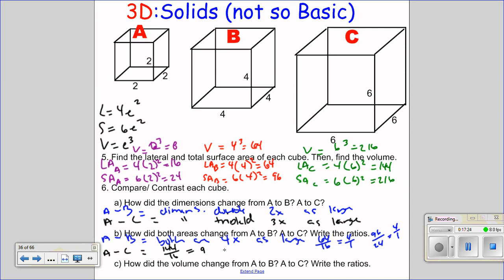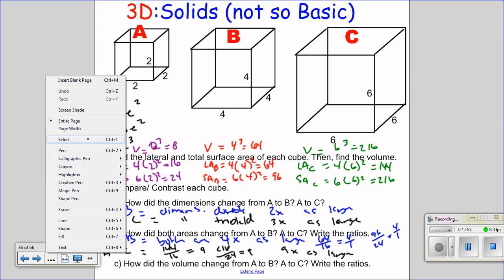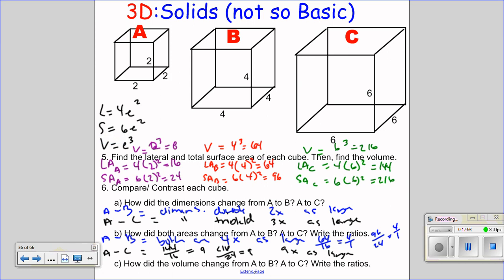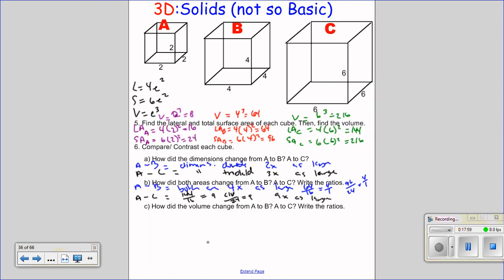That was the lateral. And for surface, it went from 24 to 216. And again, I bet this is going to be 9. Yes. So it is 9 times as large. There should be some patterns you might be able to pick up on as you're looking at some of these. But if not, we'll summarize them in just a moment.